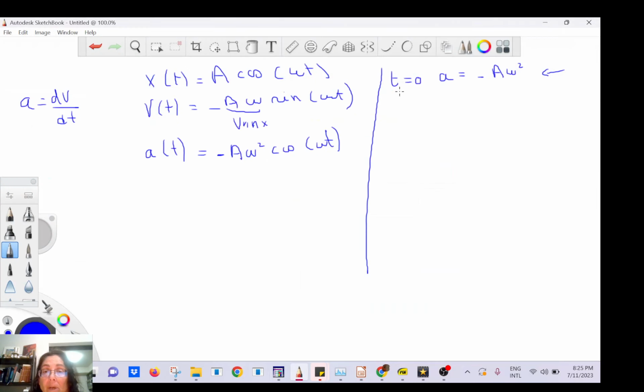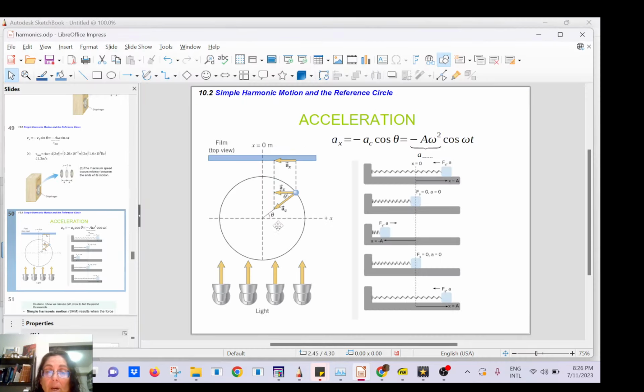Then when you have t equals 1/4 of the period, it's going to be minus A omega squared times a cosine. So if you plug in, you're going to have pi over 2. That's going to be 0. Right? So now I am here. There is no acceleration along the x-axis, because there is no restoring force.